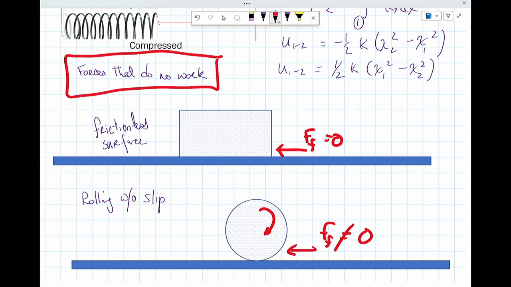So this is one of the first instances you see in this course where an object has size. So it can rotate, and as it rotates, it's in contact with the ground, and because it's in contact with the ground and there's no slip, v equals 0 at that point. So if it can't displace, it can't do work.